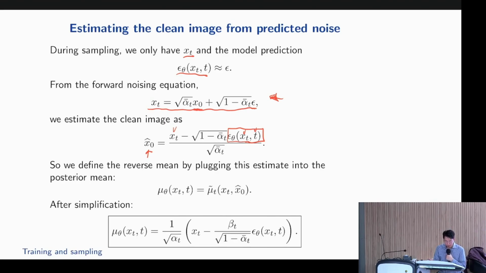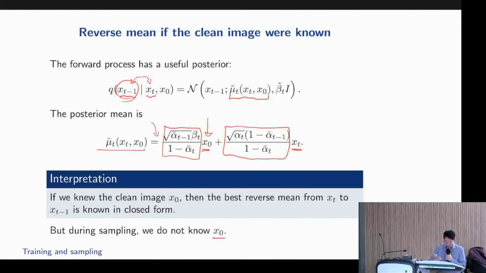So we can now define the reverse mean by plugging this estimate into the posterior mean. Here we plug in our estimate, x0 hat, derived from epsilon theta, xt, and t.